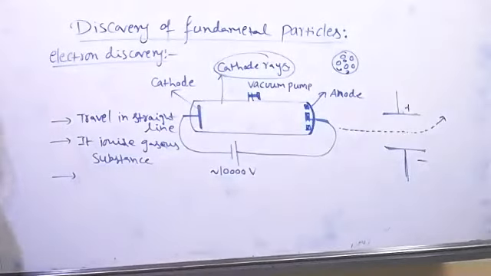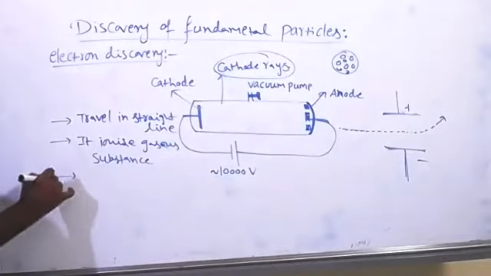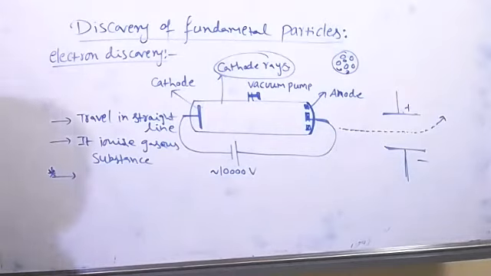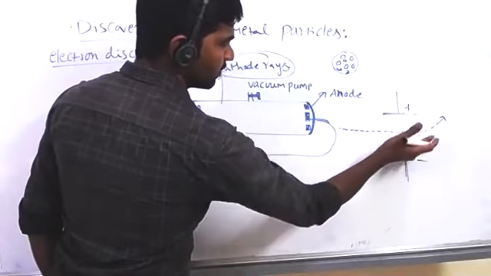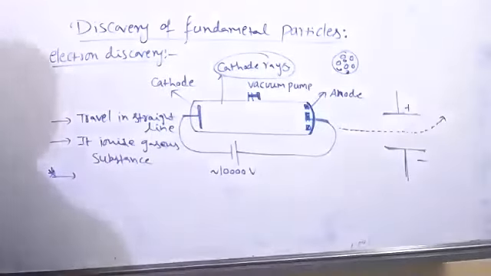This is a major important point: cathode rays carry negative charge. That's why, when a cathode ray is passed through an electric field, it is deflected towards the anode side, attracted by the anode.